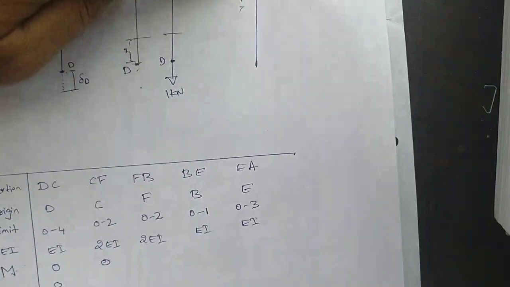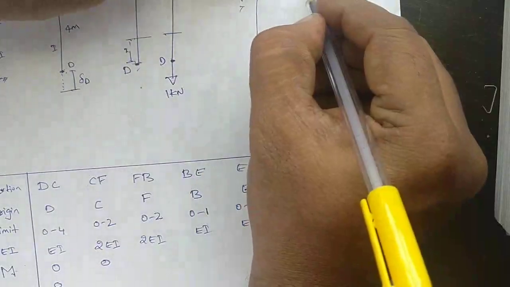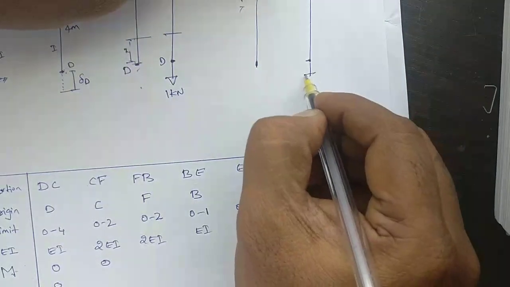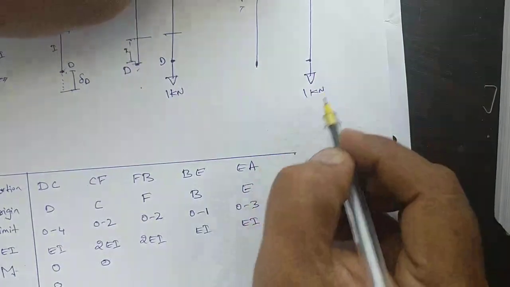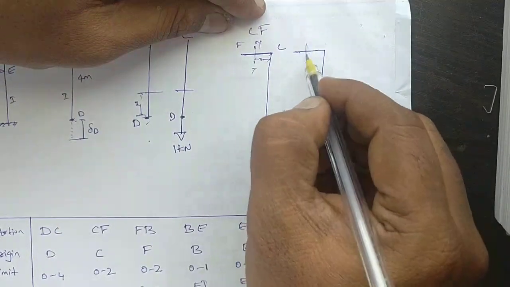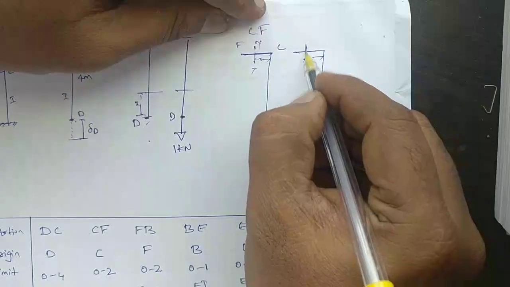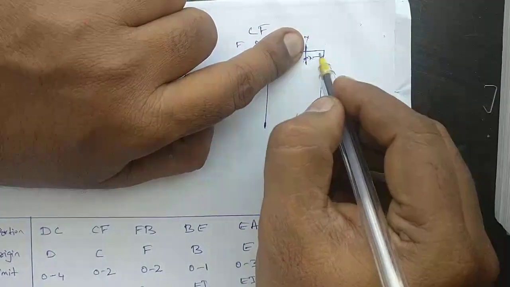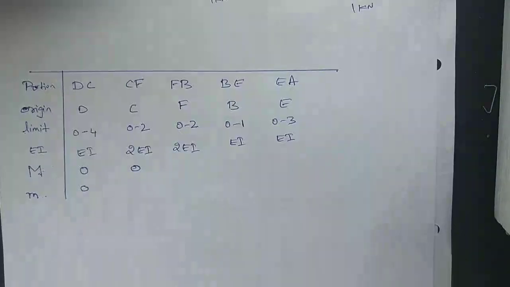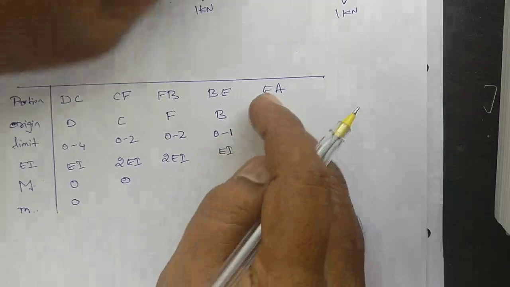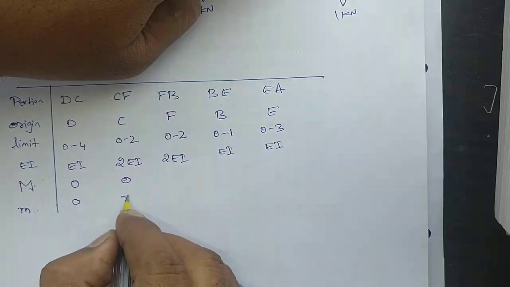And we apply unit load at this point, 1 kilonewton, and your cross section is this one. So small m will be 1 kilonewton into x, and we have the direction clockwise. We will take x here.